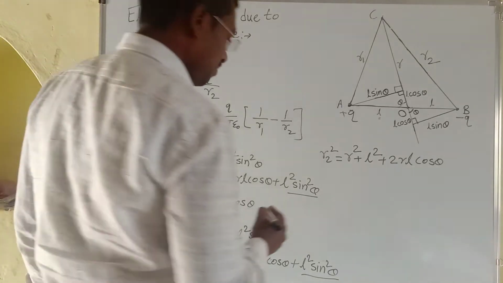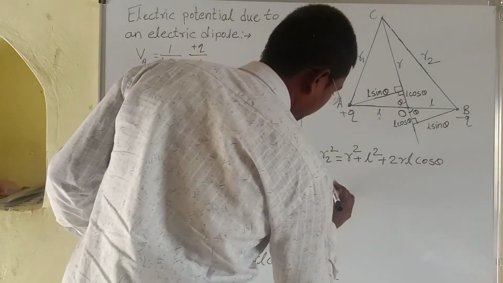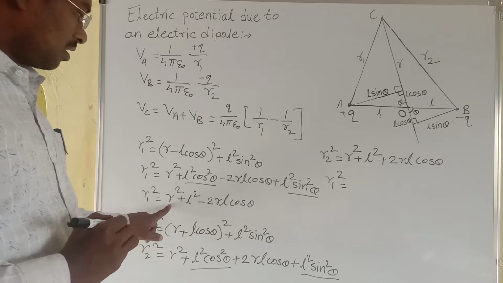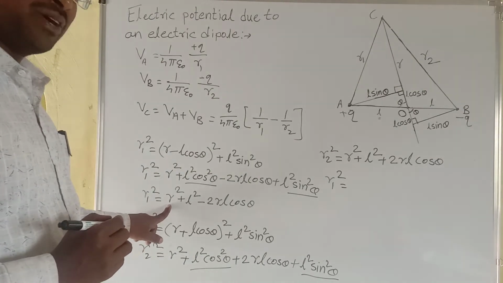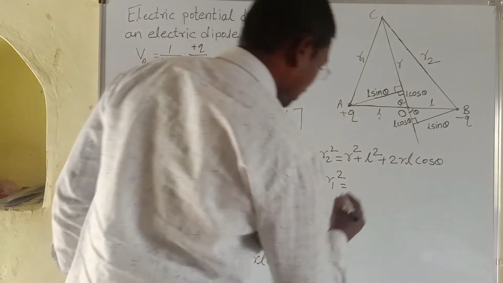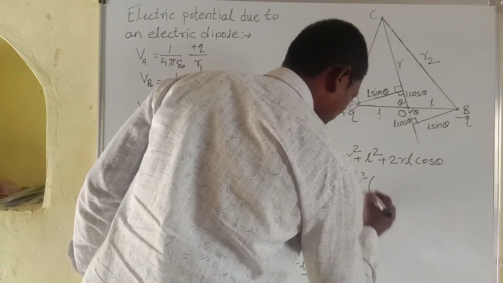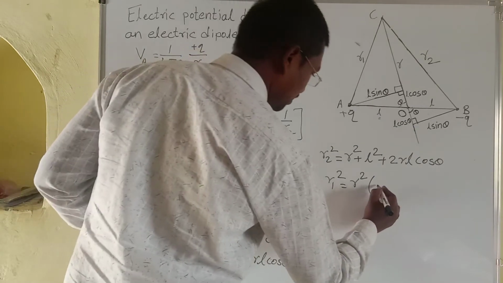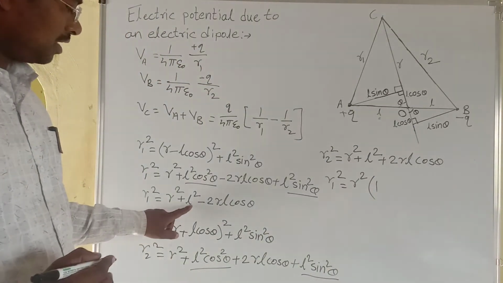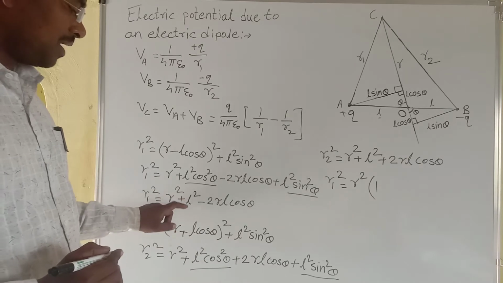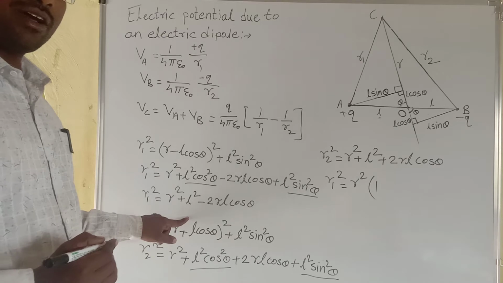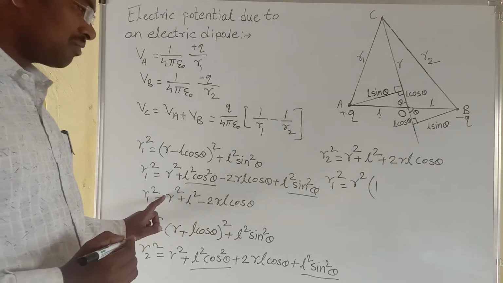Now, from this R1 square, we take R square common from this right-hand side term. So we get this R square common. Inside we get 1 plus, for taking R square common, we multiply this L square by R square and divide it by R square and take R square outside.